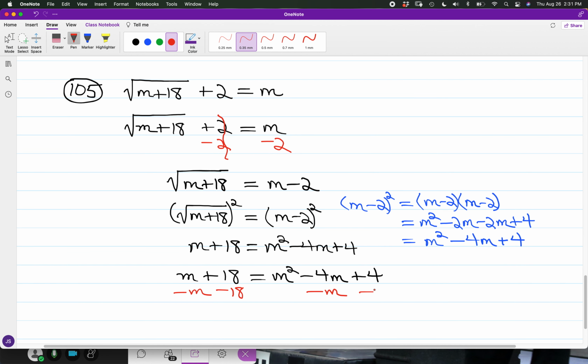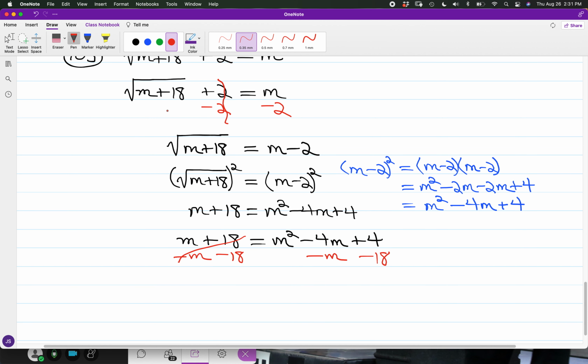So upon subtracting both m and 18, we're going to have that 0 is equal to m squared minus 5m minus 14.